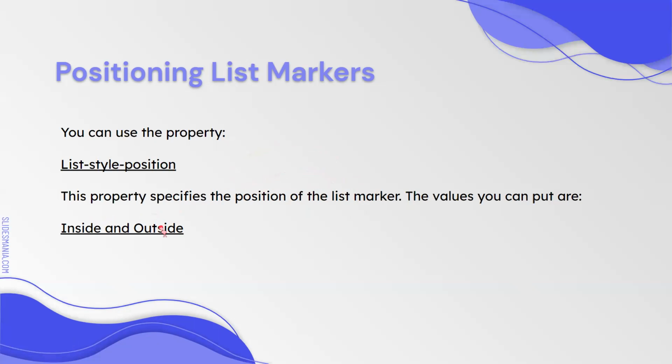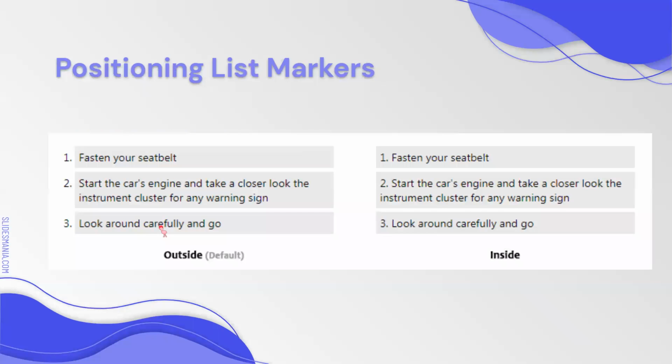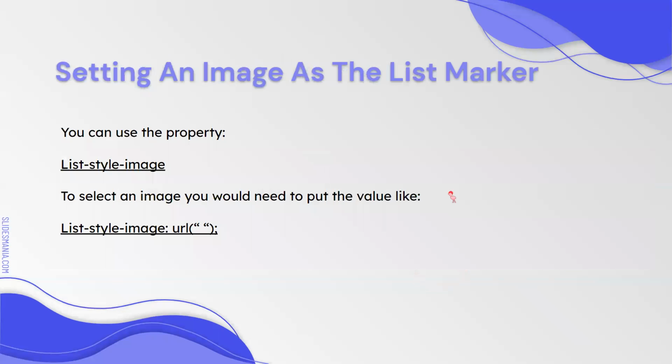Again, you'll see more once I show you. You can also see it right here. Outside is where the marker sits outside the text, and this is how it usually is by default, and then this is inside. So you don't need any CSS for the outside. If you want it inside, you would use CSS.